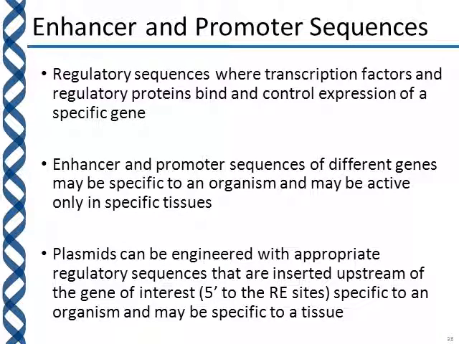First, enhancer and promoter sequences are regulatory sequences where transcription factors and regulatory proteins bind and control expression of the specific gene. Enhancer and promoter sequences of different genes may be specific to an organism and may be active only in specific tissues.